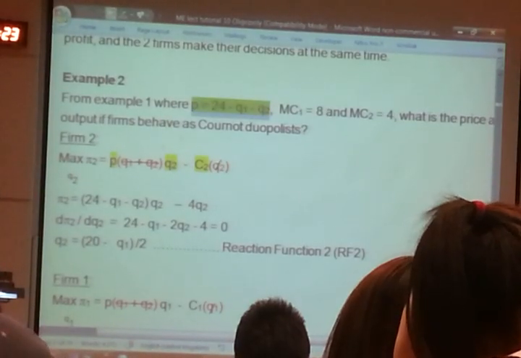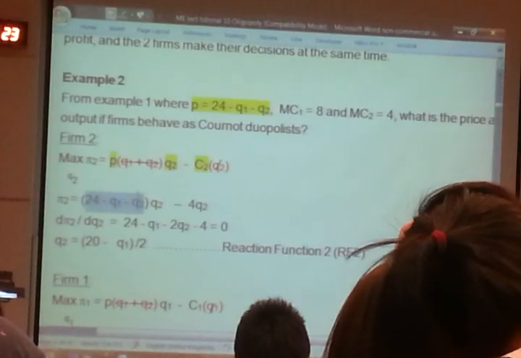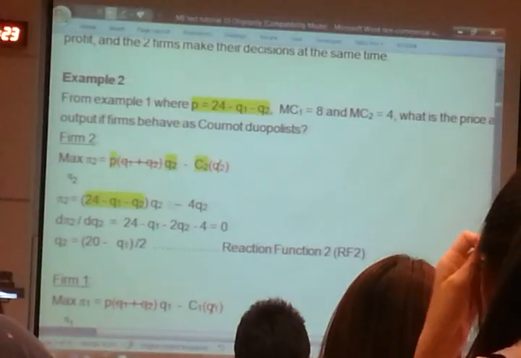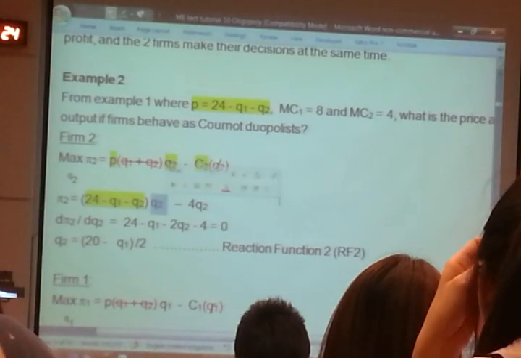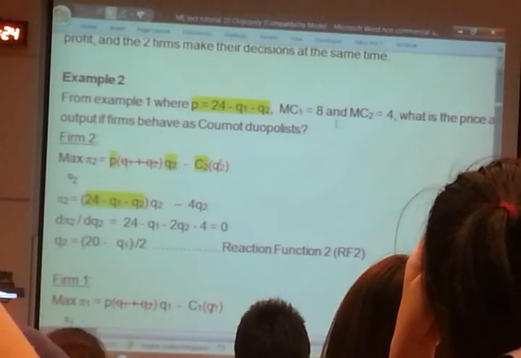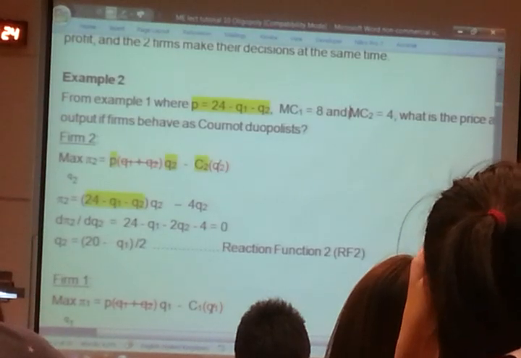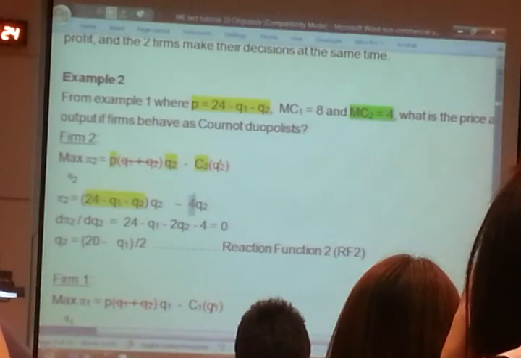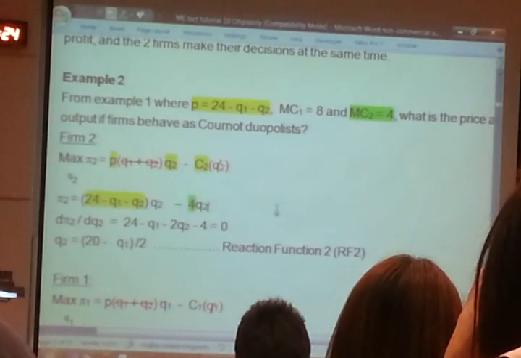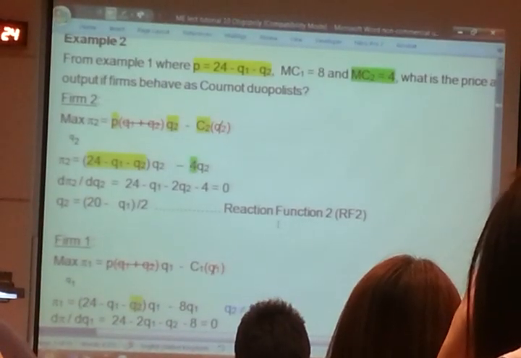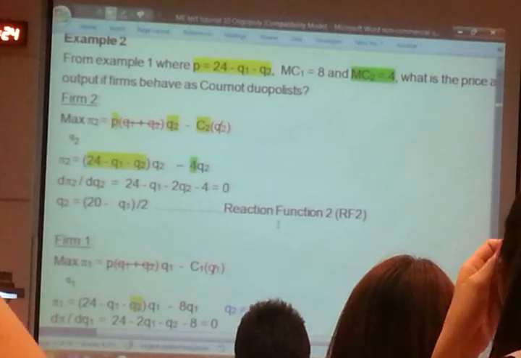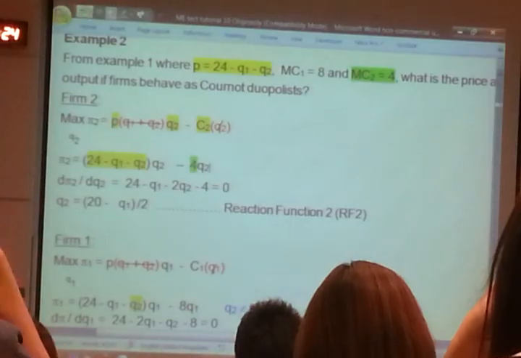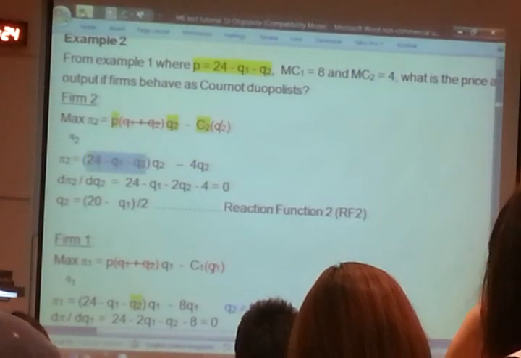P is defined as given. So price times quantity Q2 minus average cost. For firm 2, the average cost is this, the average cost times quantity. How much should firm 2 produce? d pi over d Q2.